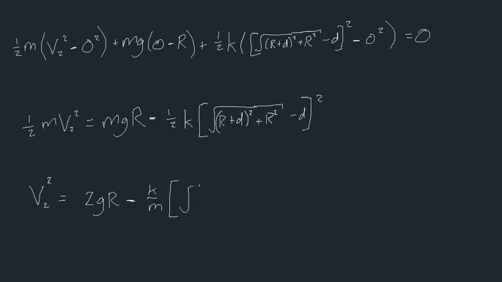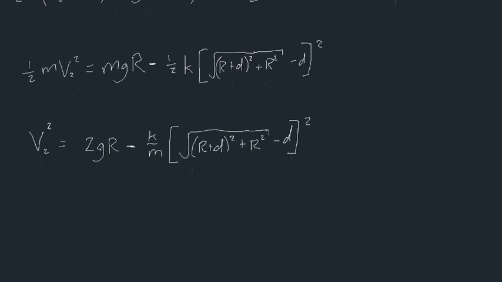It's going to be the square root of (r plus d) squared plus r squared, minus d, all squared. I'll leave that as a squared just there. It's a little bit laborious writing this out every time. I could simplify that middle bit if I wanted to, but I won't. And rather than rewriting this all again, I can square root both sides and be left with this.